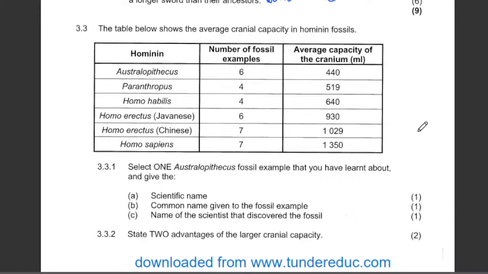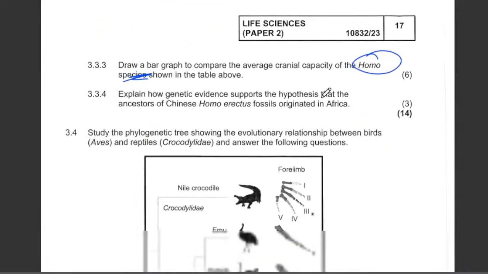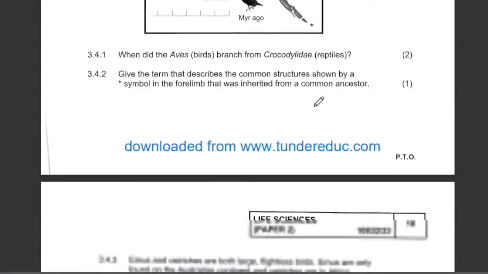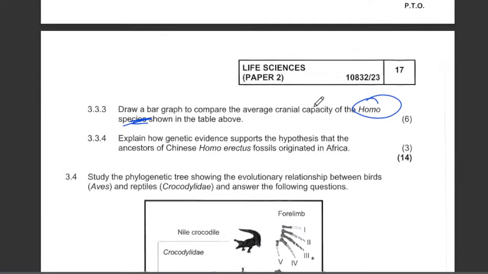No. Okay, they're saying Homo species. So it means your bar graph was supposed to be only those individuals, because those are the Homo species. You see? So after drawing that, what are you supposed to do?